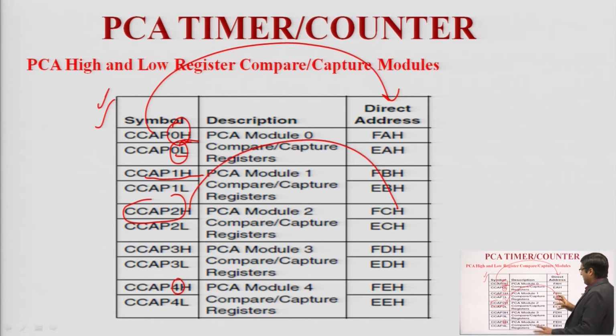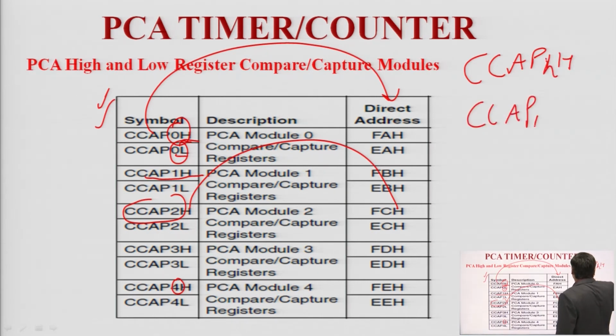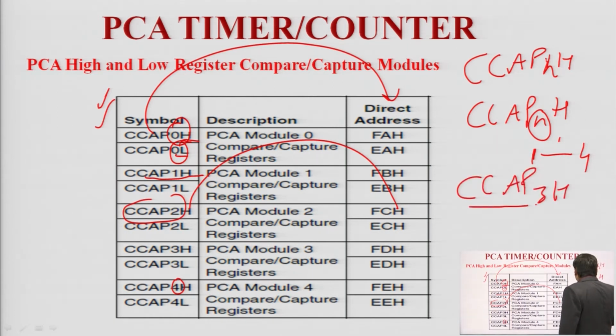Here N represents the module operation, and it varies from 0 to 4. So let us take CCAP3H. CCAP3H is associated with module 3, and its associated address is FDH.